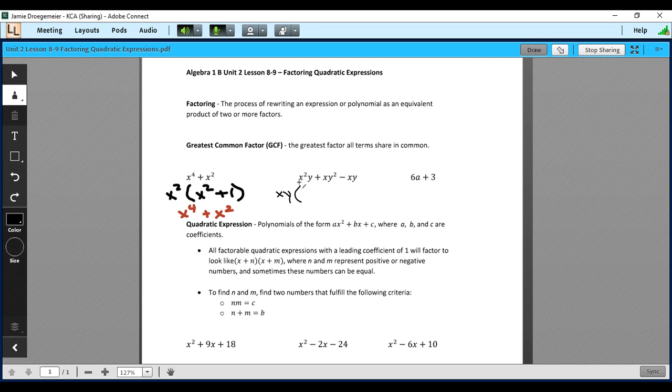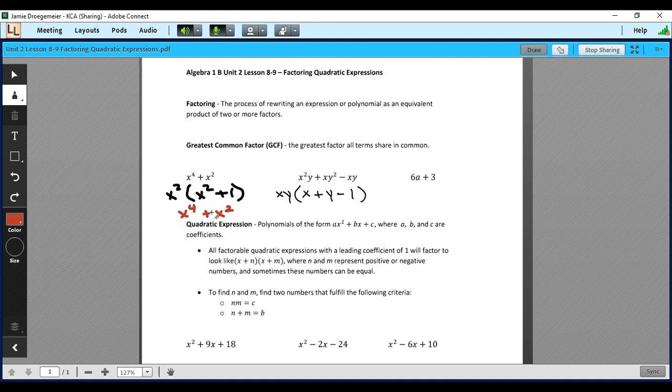And so then I'm looking at, for that first term, xy, I would have to multiply that by x to get x squared y. That second term, I would have to multiply xy times y to get xy squared. And then that third term, negative xy, I would multiply by negative 1.